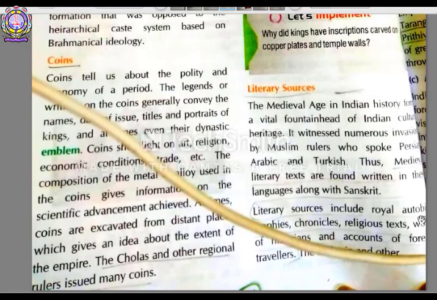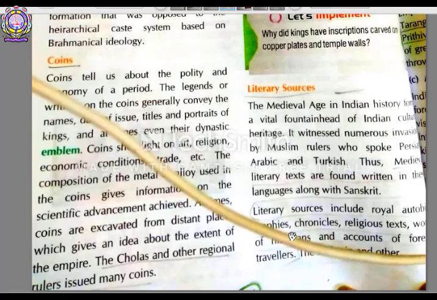Literary sources include royal autobiographies, chronicles, religious texts, works of the coins, and accounts of travelers and others. So what is included in literary sources? Autobiographies were there. You know what an autobiography is.